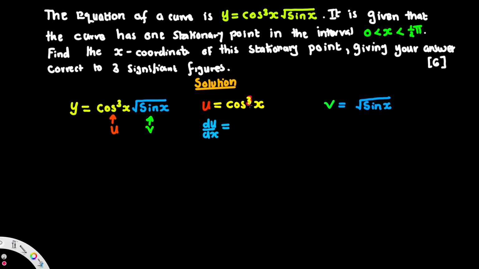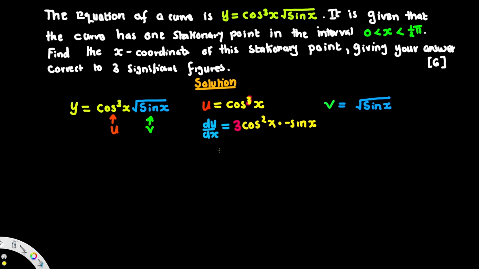So we use power rule to differentiate this: we take 3, and power 3 reduces by 1, and this becomes cos squared x. Then we multiply that answer by the differential of cos x. Now you don't look at the power, you look at the function cos x. If you differentiate cos x, you get negative sin x. Now we have applied chain rule at this point.